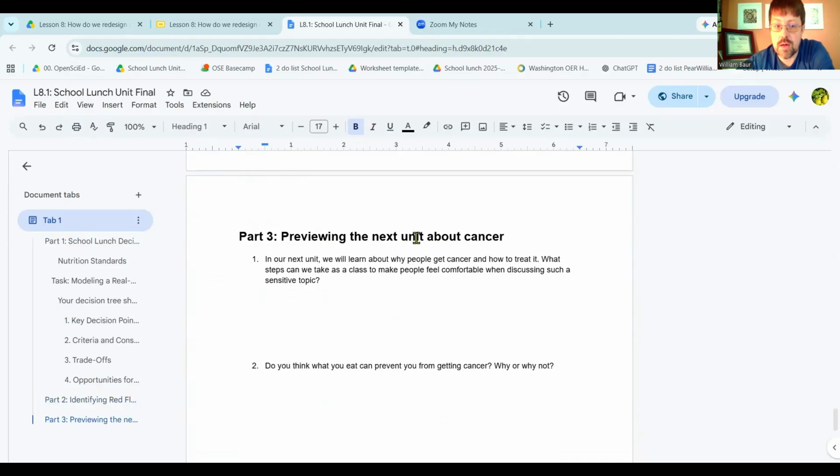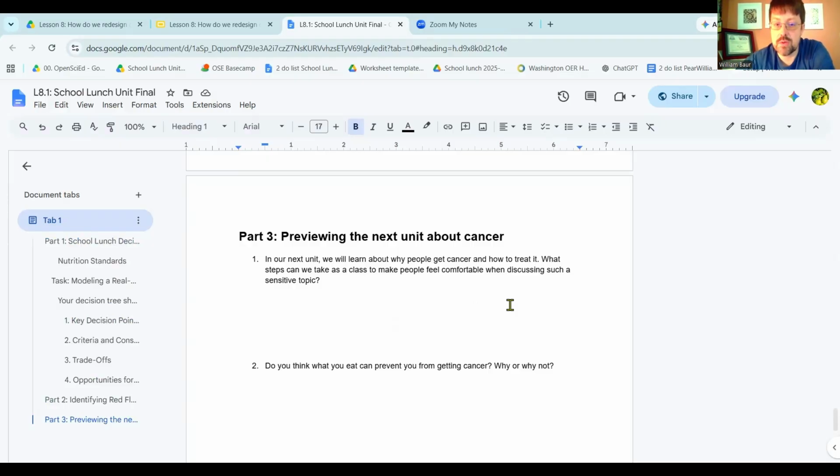That takes us to part 3, which is good to use if you are teaching this unit in the OpenSciEd sequence. The way I recommend that you would do that would be to teach this unit between Unit 2 and Unit 3. So this part 3 of the assessment, which wouldn't be graded, is a preview of the next unit about cancer.